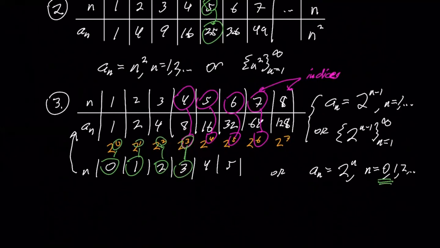I like 2 to the n better than 2 to the n minus 1, because it fits more naturally with the nth term being 2 to the n. So you could write this as 2 to the n, but now at the bottom, instead of n equals 1, you say n equals 0 to infinity. This 0 here is where we start. It's the starting index. I don't know if that's such an official term, but hopefully you understand what I'm getting at.